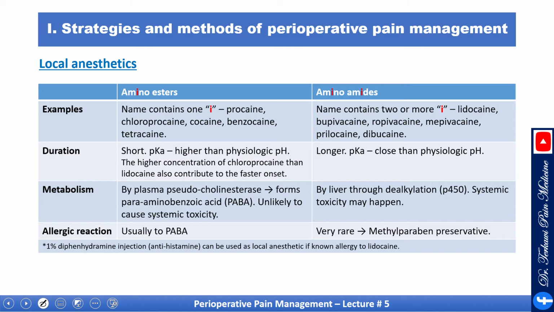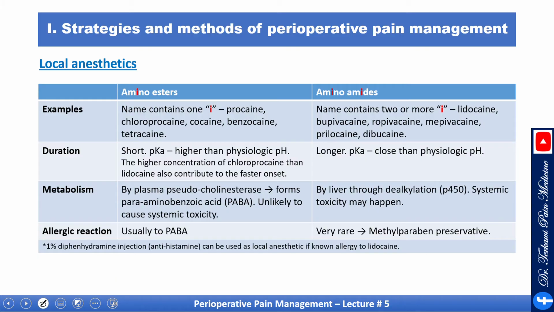Metabolism of amino esters is usually by plasma pseudocholinesterase, forming para-aminobenzoic acid, PABA, and alike, which can cause systemic toxicity. While, on the other hand, the amino amides are usually metabolized by the liver through dealkylation, the P450 system, and therefore systemic toxicity may happen.